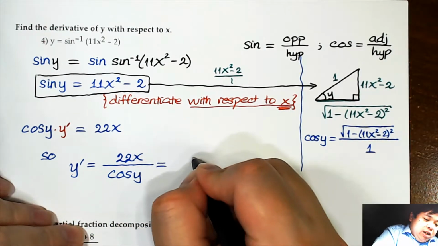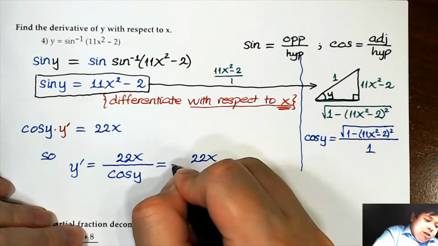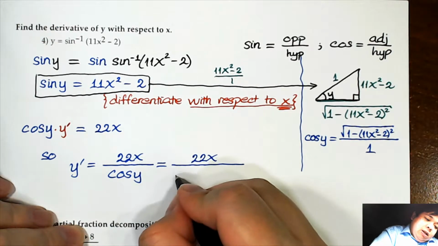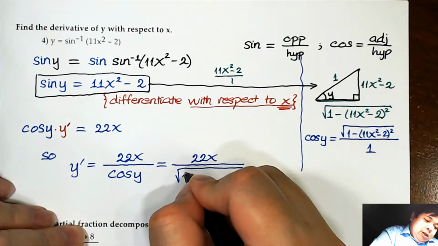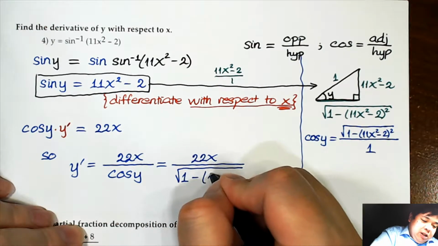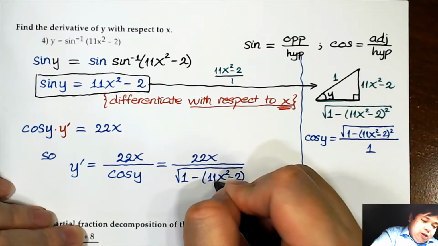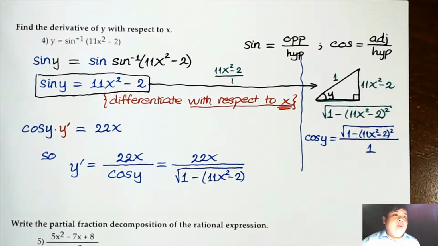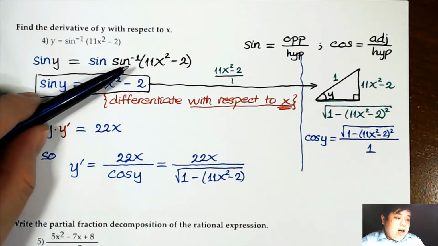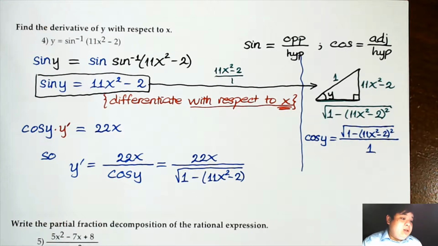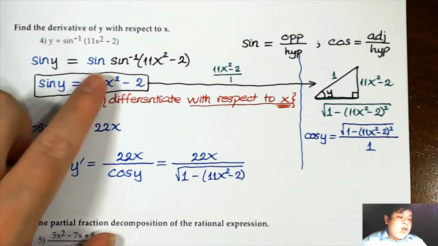So pretty much we can just say 22x over the square root of 1 minus (11x squared minus 2) squared. Right. So just like that. Again, we don't need to memorize the formula for derivative of the sine inverse. All we need to know is the function cancels the inverse.